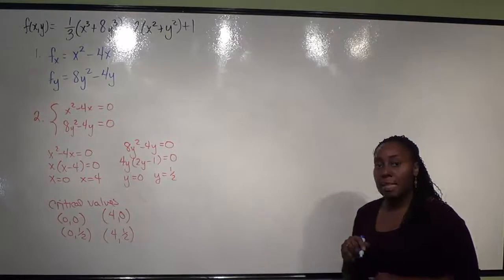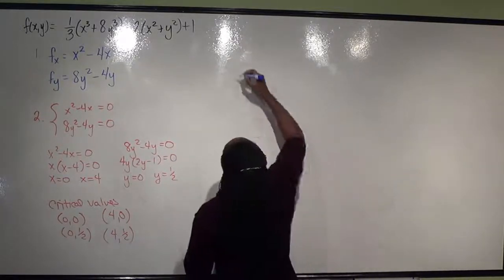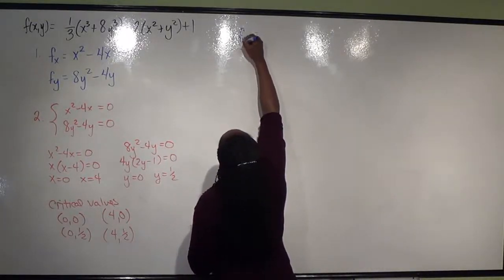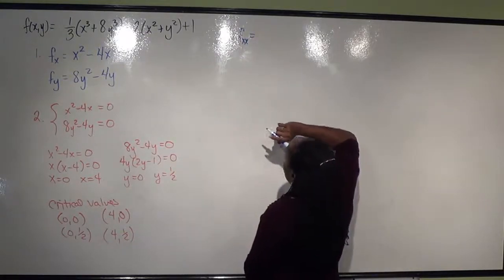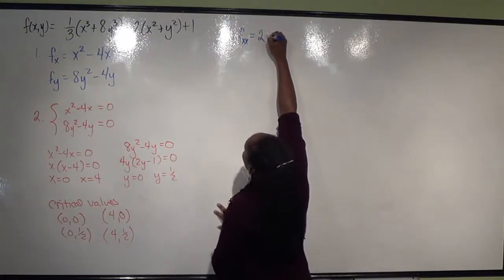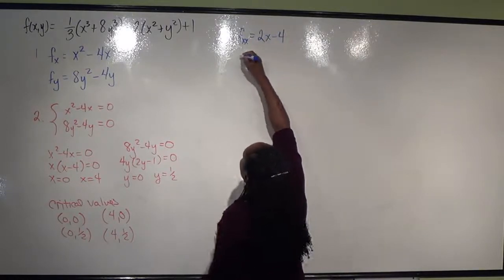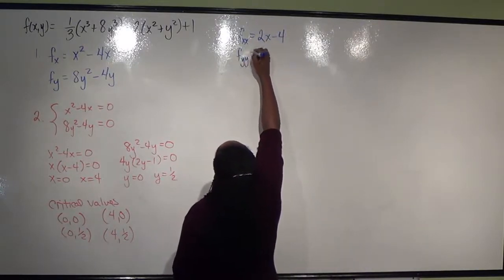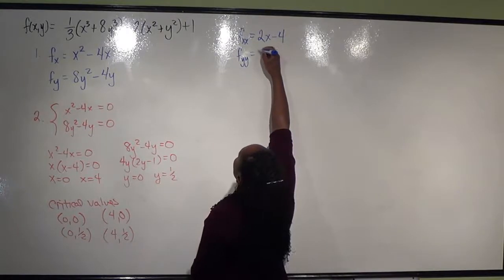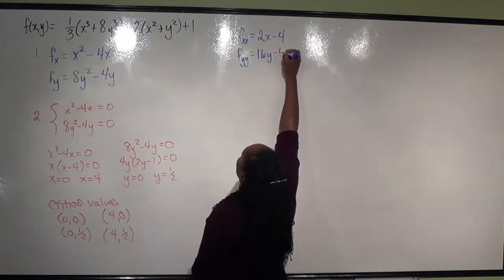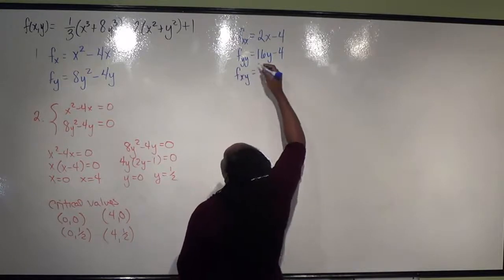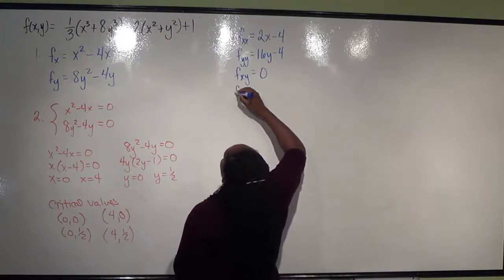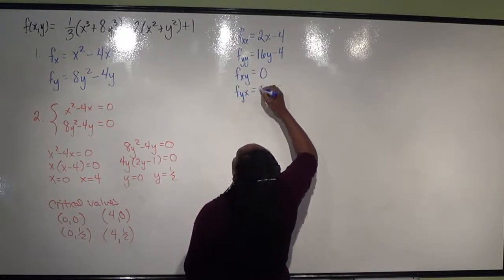So now I need my second order partials. So my f(x)(x), again, taking the derivative of that f sub x with respect to x, we'll get 2x minus 4. F(y)(y), we can see taking the derivative there, we'll get a 16y minus 4. F(xy), I'm going to get a 0, and F(y)(x), again, I'm going to get 0.